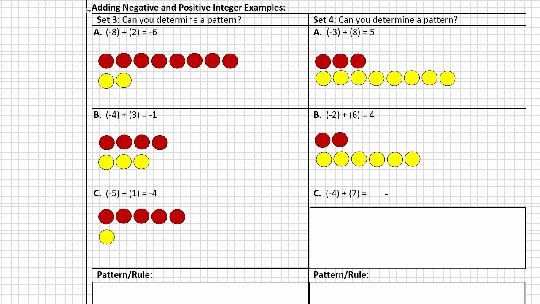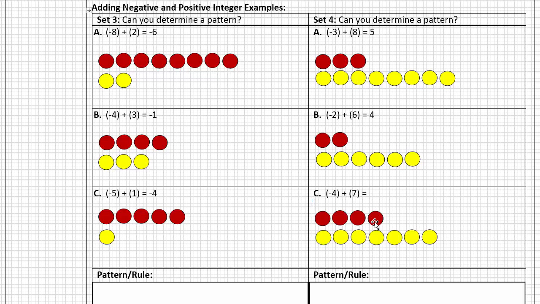On our third and final problem of this set, we would have 4 negative chips laid out with 7 positives. Cancel out the 4 zero pairs, and notice that we have 3 positive integers left. So -4 plus 7 equals 3.